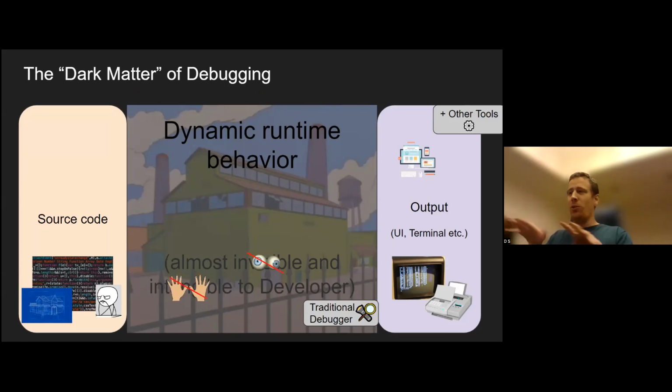We can't touch it, we can't see it. That's why I like to call it the dark matter. I'm not sure if we are all that aware of the fact that a lot of the things that we would like to know, we don't know. And that is why we put a printf statement over there. And then we use the traditional debugger and get a little bit of information over there. It's not very effective tools.